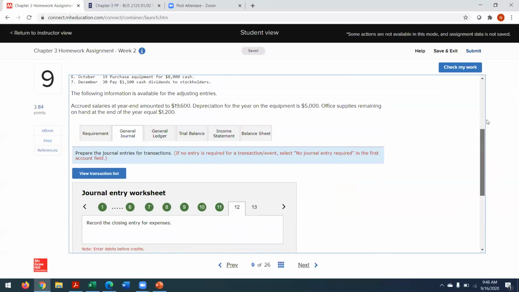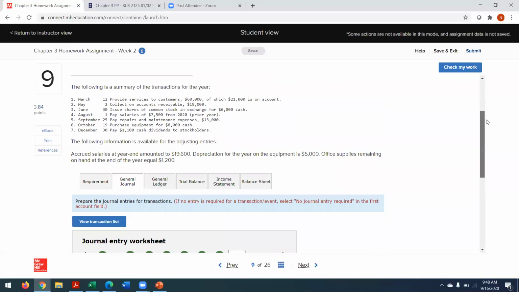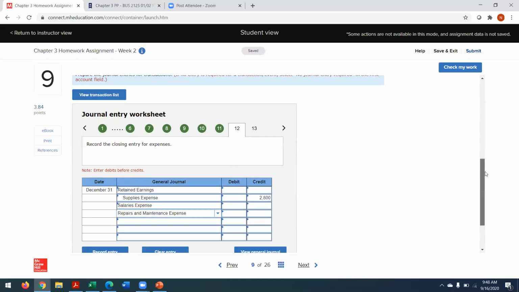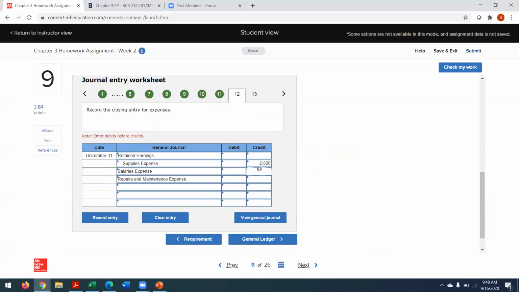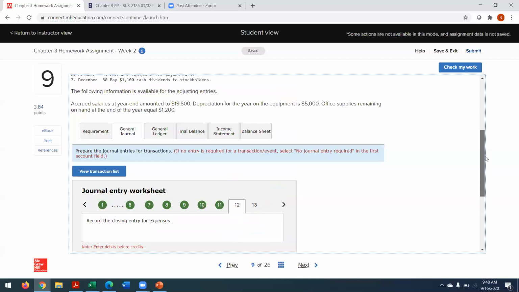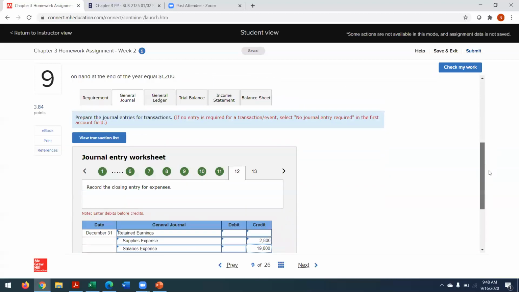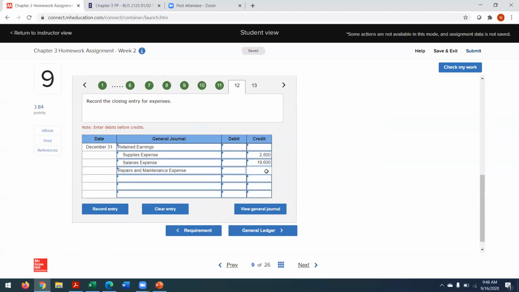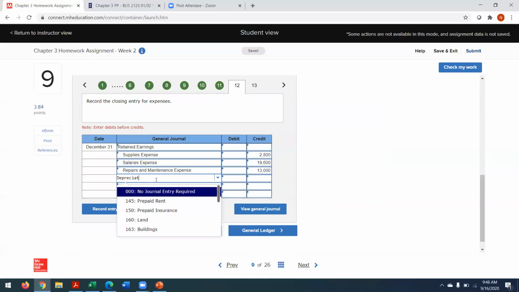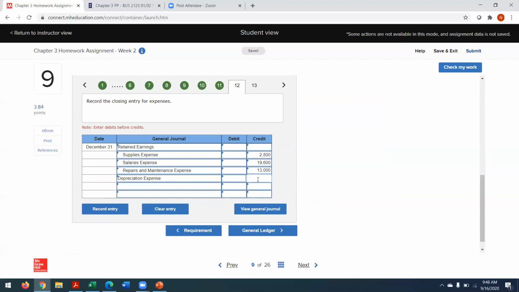Salaries expense was 19,600. Repairs and maintenance expense was 13,000. Our depreciation expense, 5.